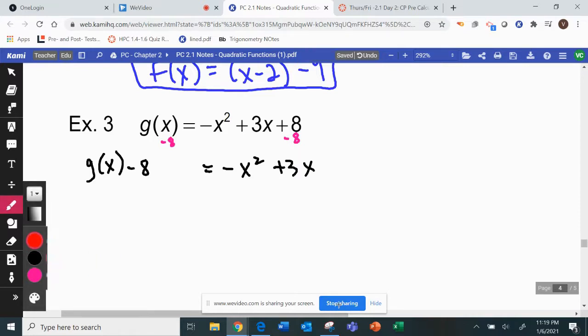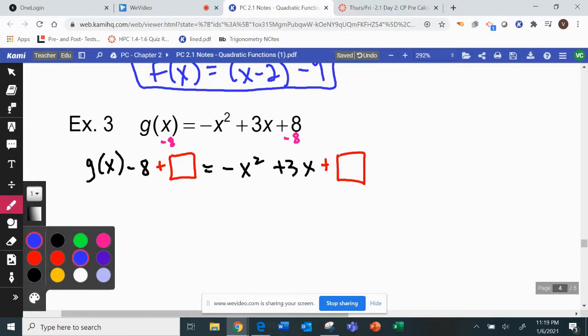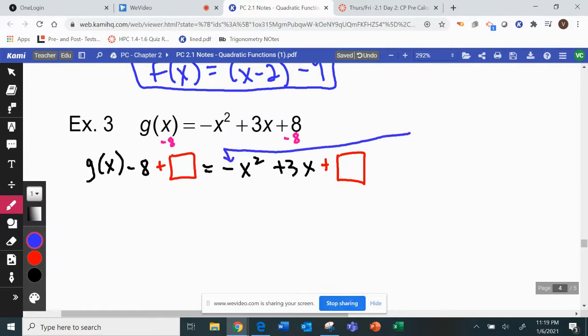And then what I'm going to do is put that square in. But we have a problem because complete the square only works if the coefficient in front of the x squared is 1. So -1, you can't complete the square with.